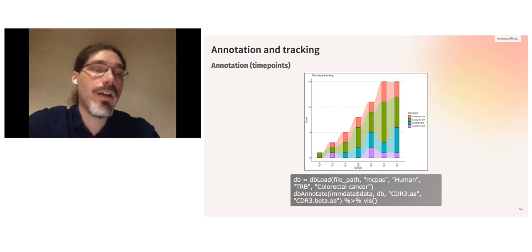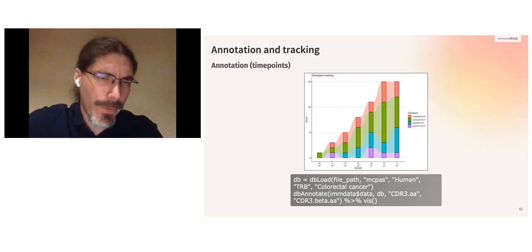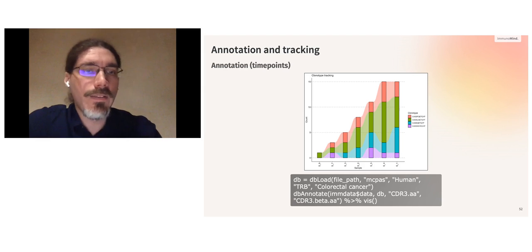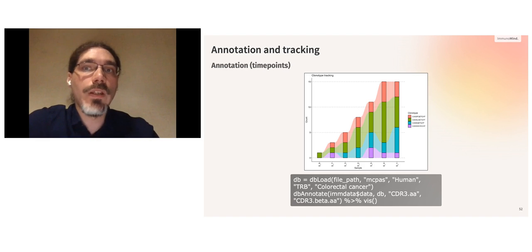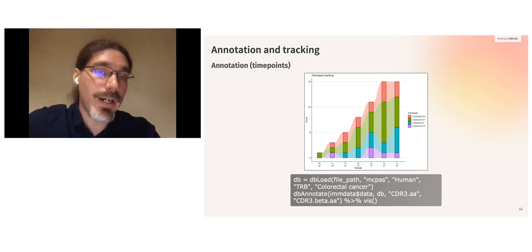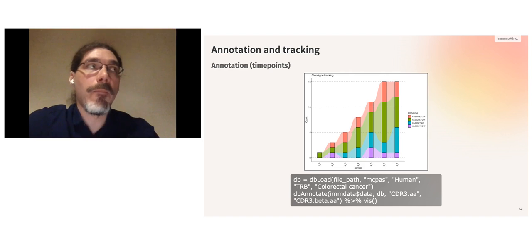And then you just call the function dbannotate and visualize it. The CDR3 and CDR3 beta amino acid arguments here are just additional parameters you pass to the function to link together data of the same type.